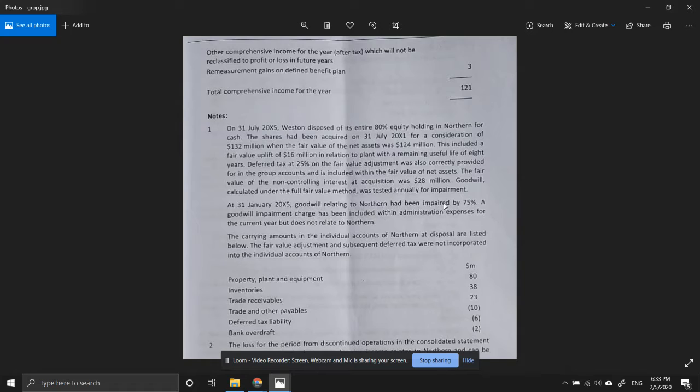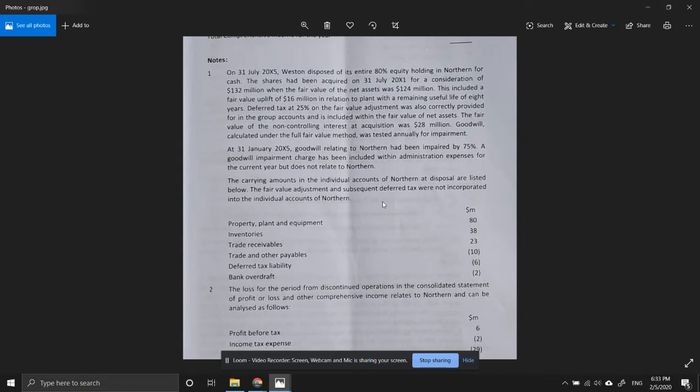Goodwill relating to Northern had been impaired by 75%. Goodwill impairment is included within administrative expenses for the current year, but does not relate to Northern. So impairment was there, but it does not relate to Northern, as it had already been impaired by the start of the year. The carrying amounts in the individual accounts of Northern at disposal date are listed below.